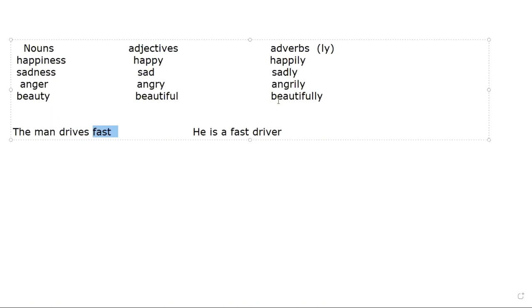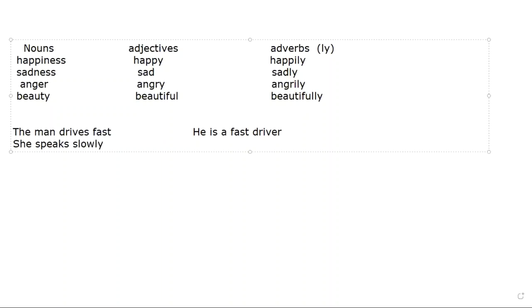Now, in this particular case, it happens that fast is both adjective and adverb at the same time, but not all of them. I mean, there are quite a few examples like this. Okay, let's suppose she speaks slowly.